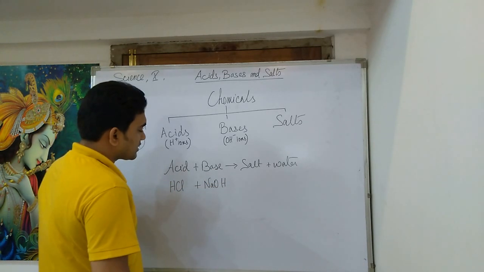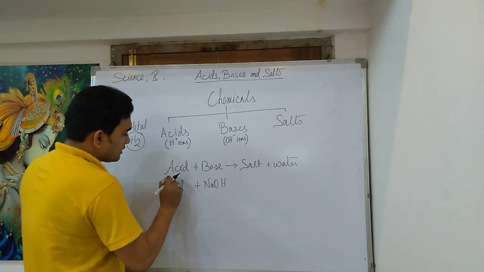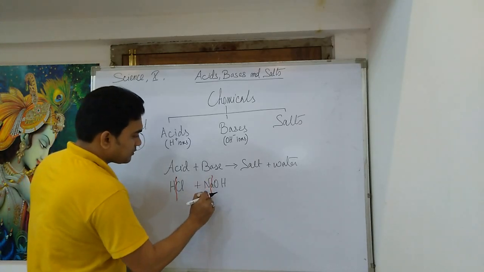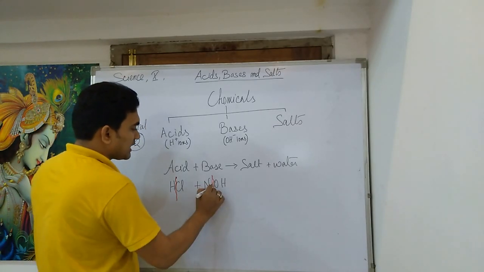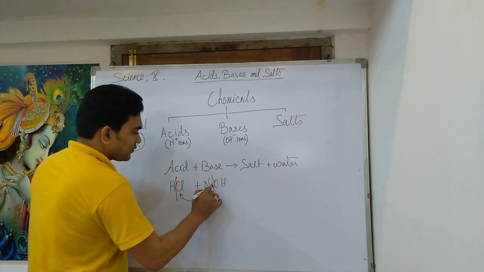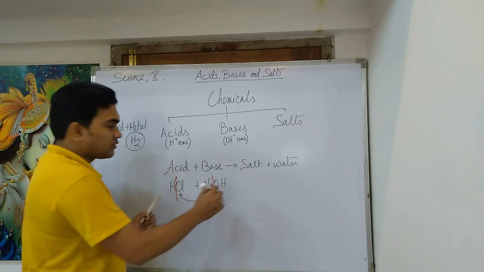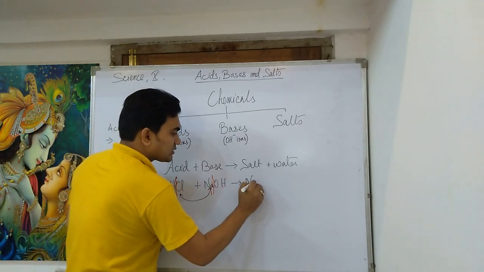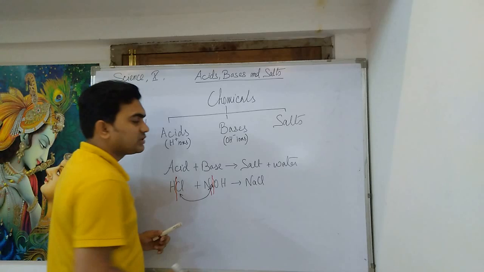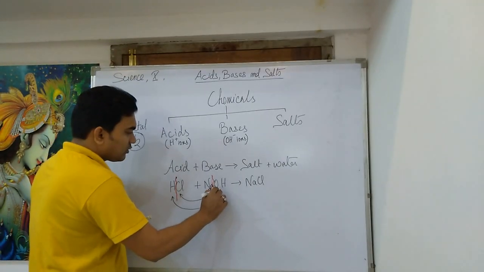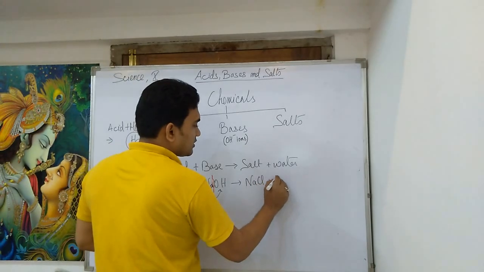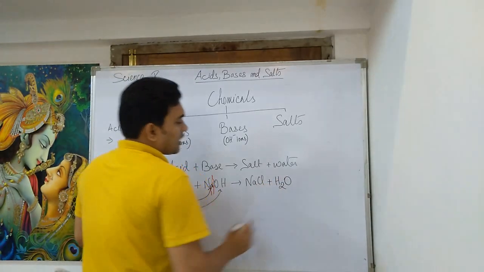When they react together, the bond breaks. Na and Cl combine to give a new substance called sodium chloride, which is our common white salt. The remaining H plus and OH minus ions combine to give water.